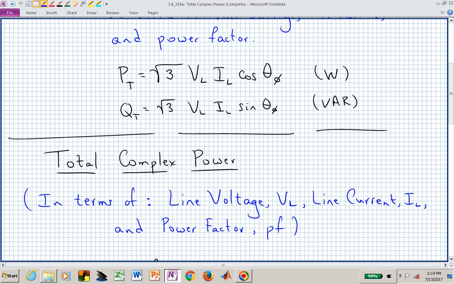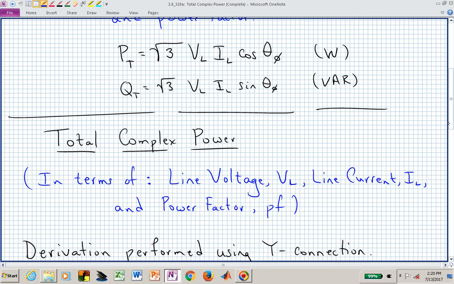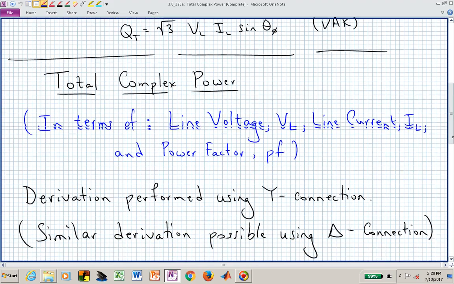And we want this total complex power to be expressed in terms of line voltage, line current, and power factor. And remember from a previous lecture, the line voltage is independent of the connection structure, and the line current is also independent of a Y or delta connection.